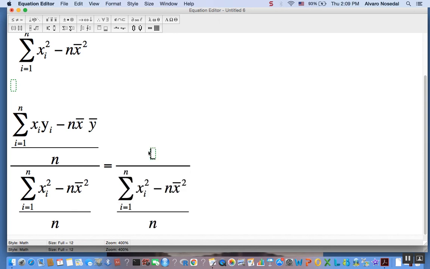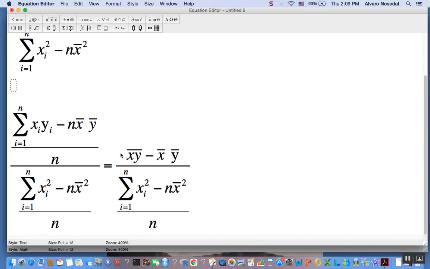Let me see if I can do it like this. x, minus just x bar times y bar, which is different.